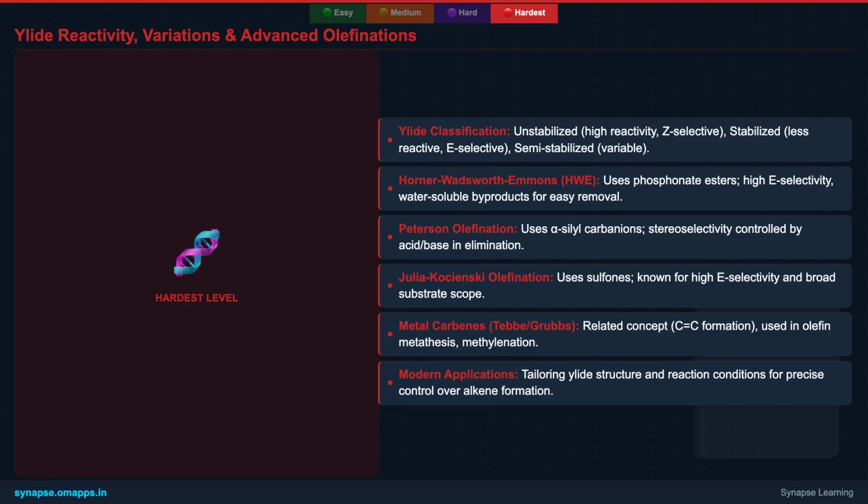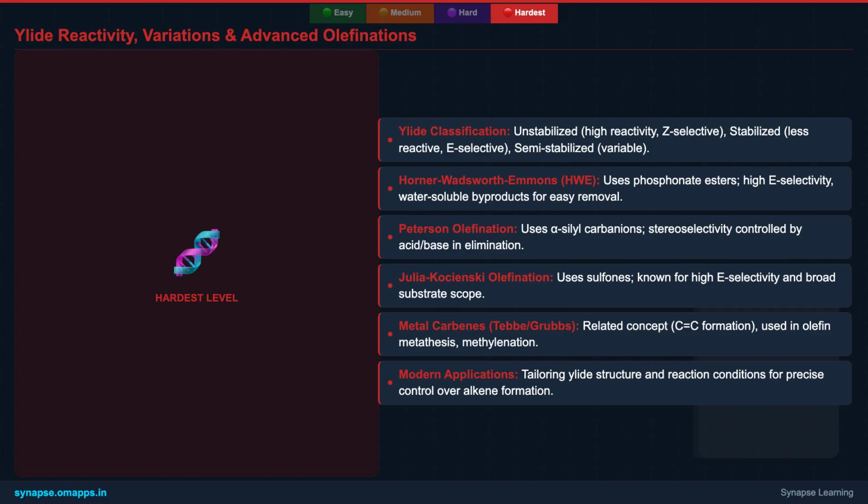Beyond the classic Wittig, other olefination reactions provide complementary tools. The Horner-Wadsworth-Emmons reaction, using phosphonate esters, often gives higher E selectivity and water-soluble byproducts, simplifying purification. Peterson olefination, employing alpha-silyl carbanions, offers stereocontrol via acid or base-catalyzed elimination.